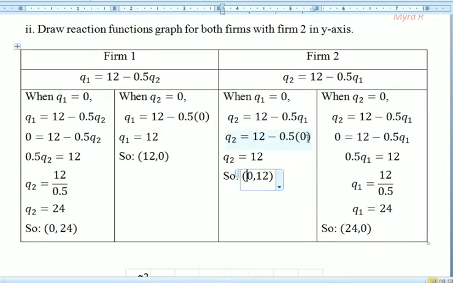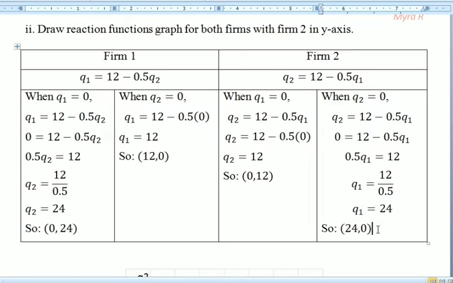So the coordinate will become (0, 12). Also assume Q2 is 0, so substitute Q2 as 0. Q1 is the subject, and we divide by 0.5. So 12 divided by 0.5, we get 24. The coordinate will become (24, 0).